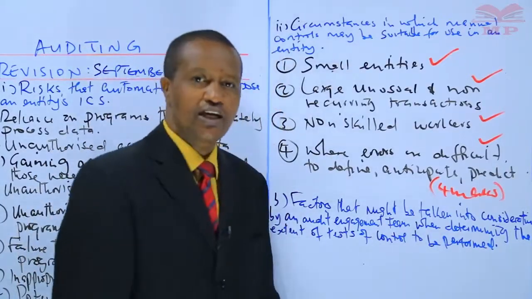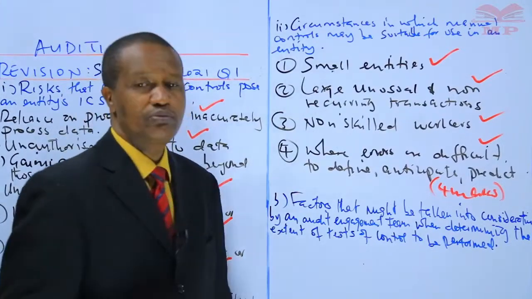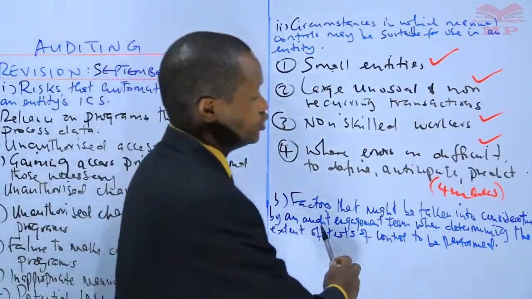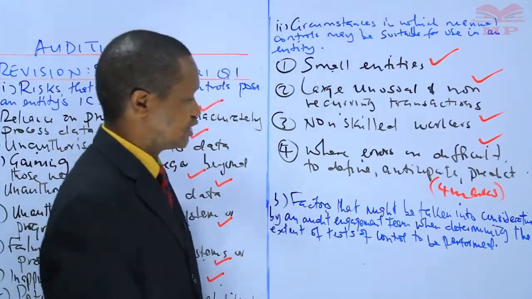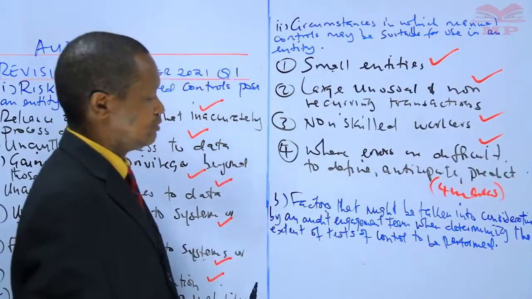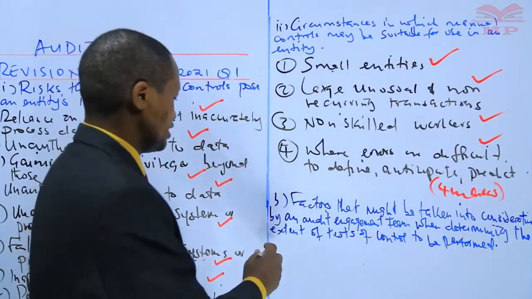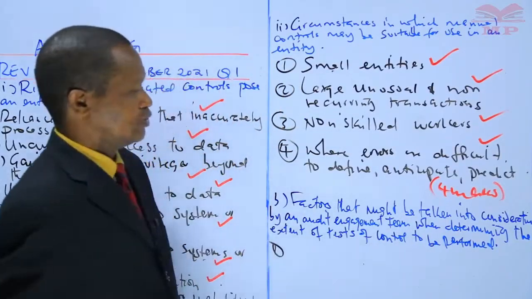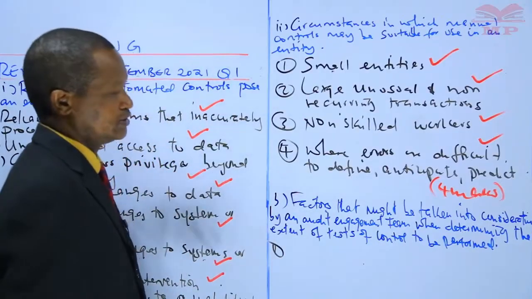Candidates, when answering questions in an exam room, make sure you have the root of the question. Don't just start by giving answers. Make sure the preamble is written down, then you can go ahead and give the points. Writing the preamble helps you identify the keywords.